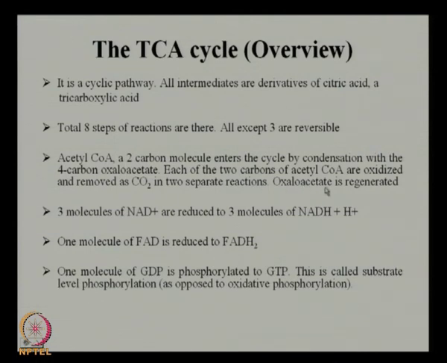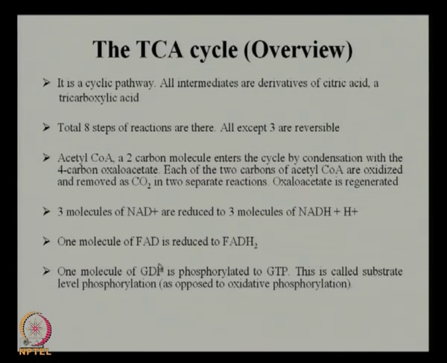Oxaloacetate is regenerated and reused in this process. 3 molecules of NAD are required and 3 molecules of NADH and H plus are produced. 1 molecule of FAD is required and 1 molecule of FADH2 is produced.